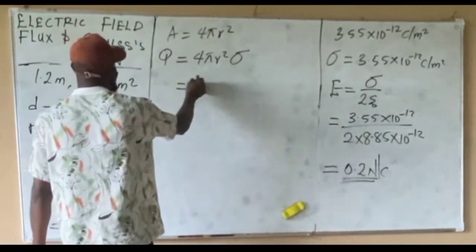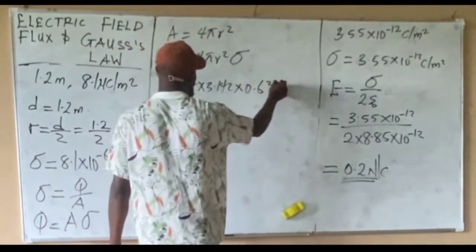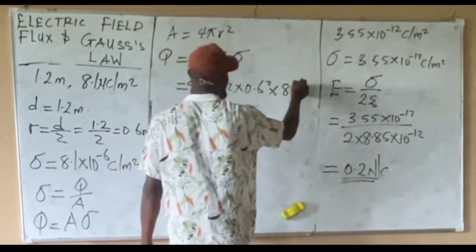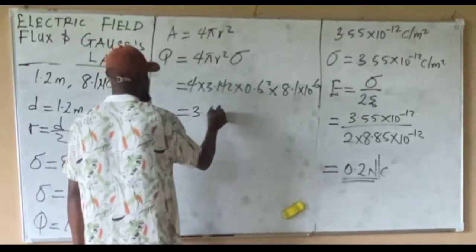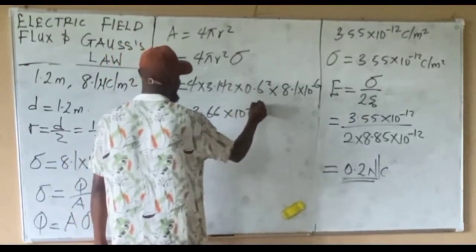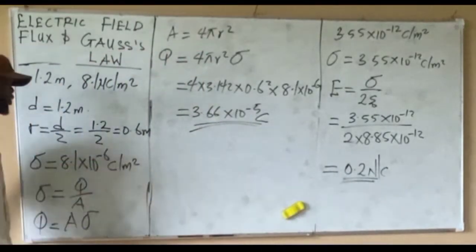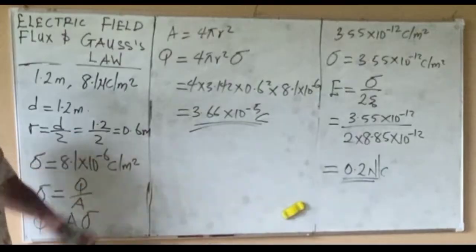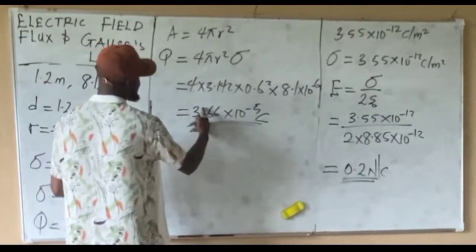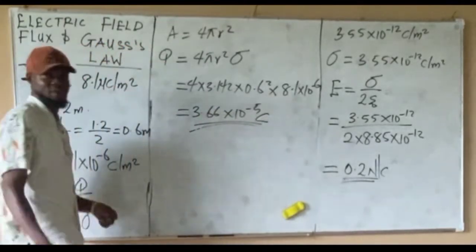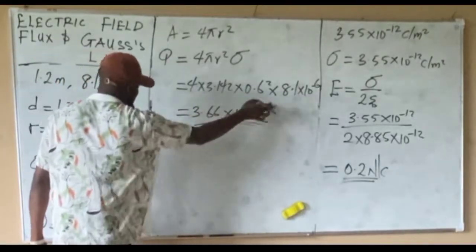So this will give us 4 times pi times 0.6 squared times 8.1 times 10 to the power minus 6. This gives us 3.66 times 10 to the power minus 5 coulomb, or 36.6 microcoulomb. If you move the point one place, minus 5 becomes minus 6, and 10 to the power minus 6 means micro, so it is 36.6 microcoulomb as well.